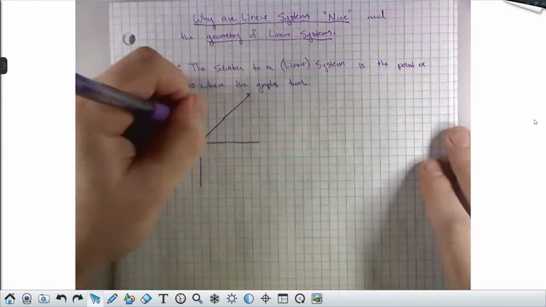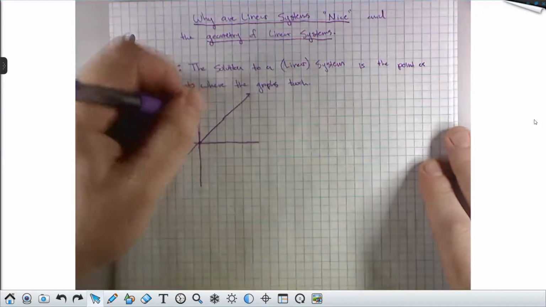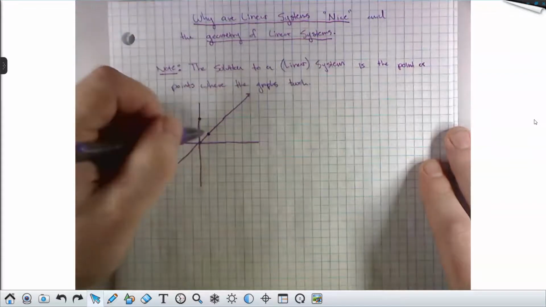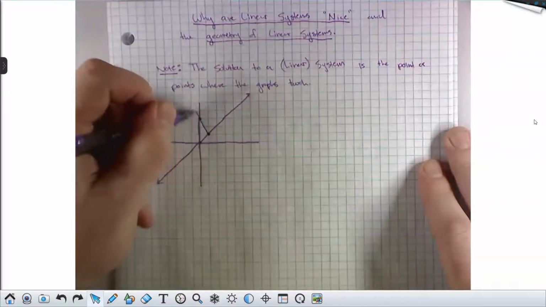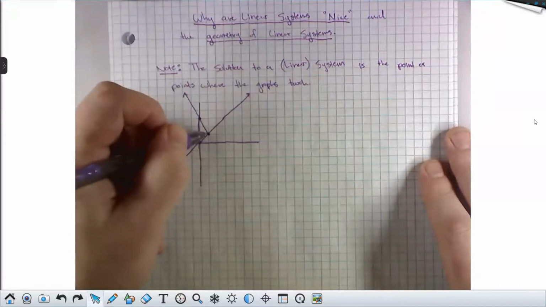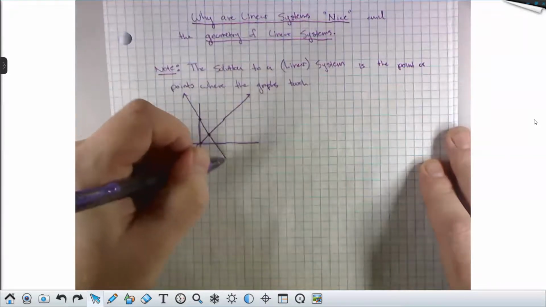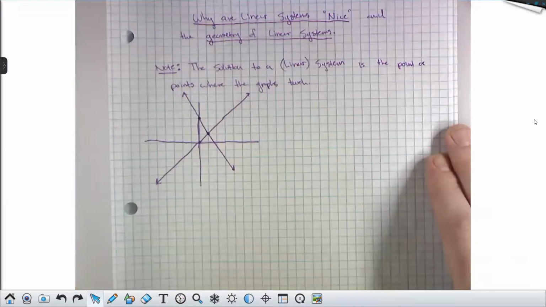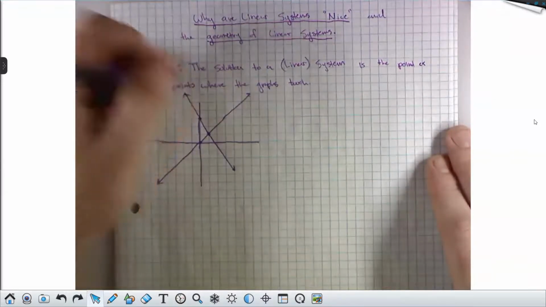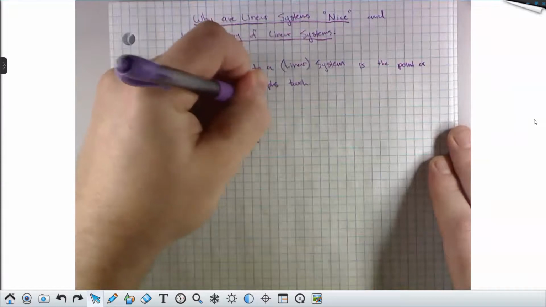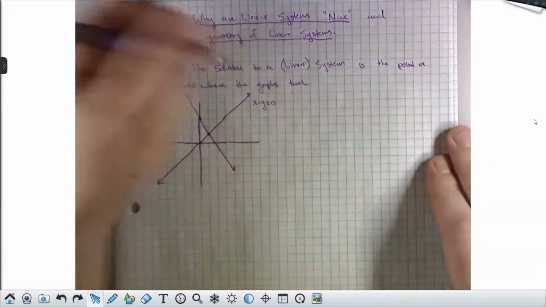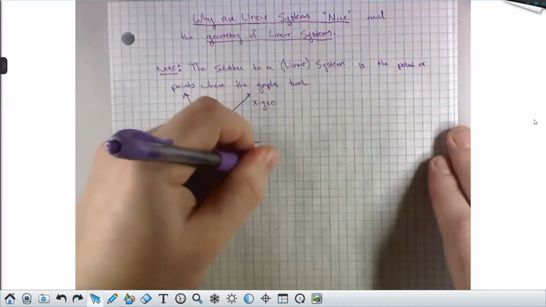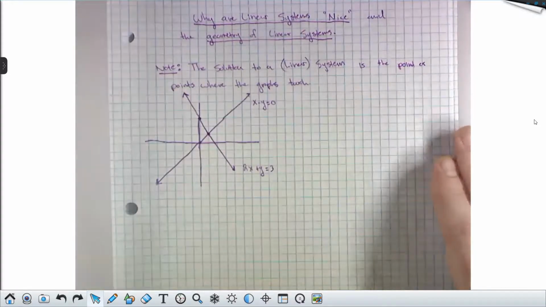So it looks like this. So this is the line x minus y equals 0, and this is the line 2x plus y equals 3.